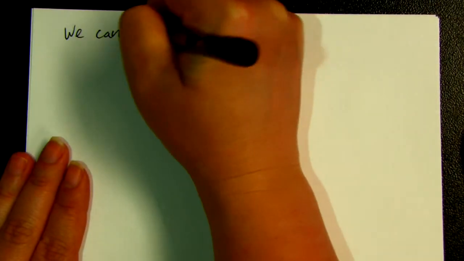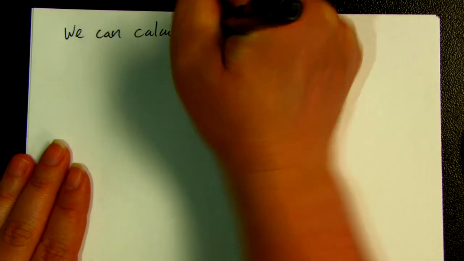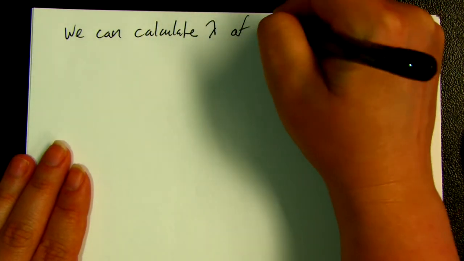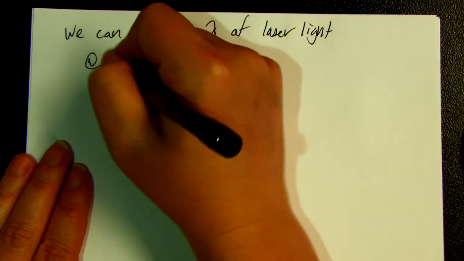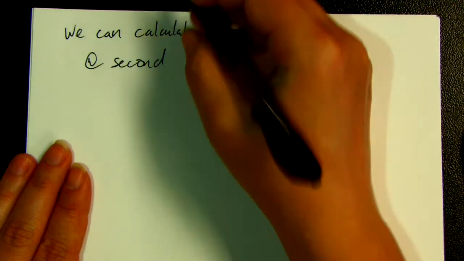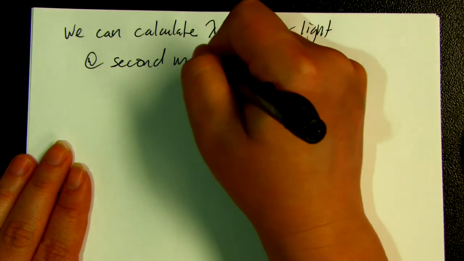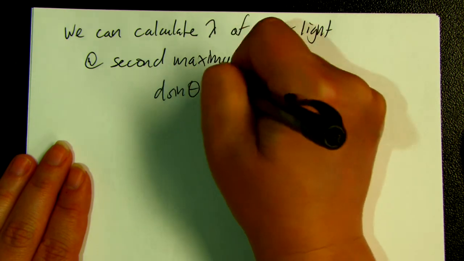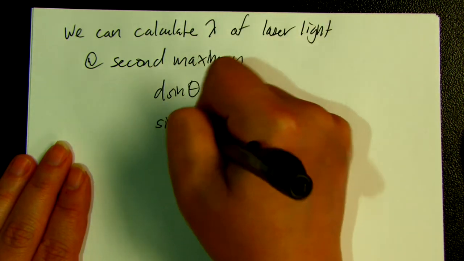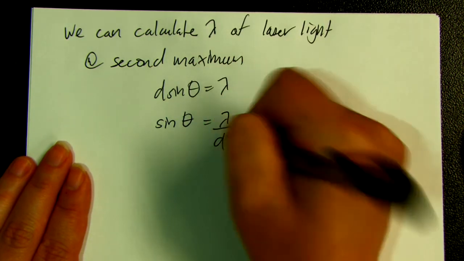Okay. So at the second maxima, d sine theta equals lambda. So therefore, sine theta equals lambda over d.